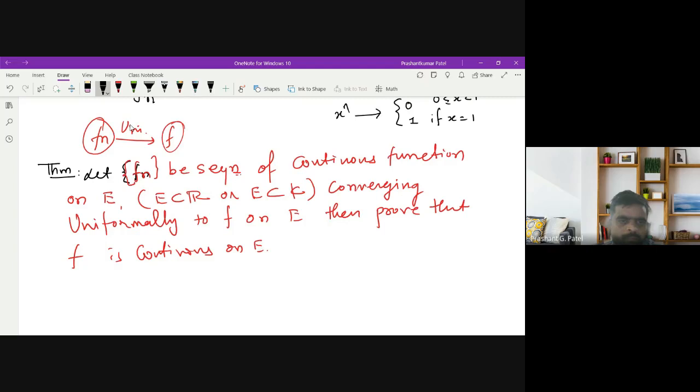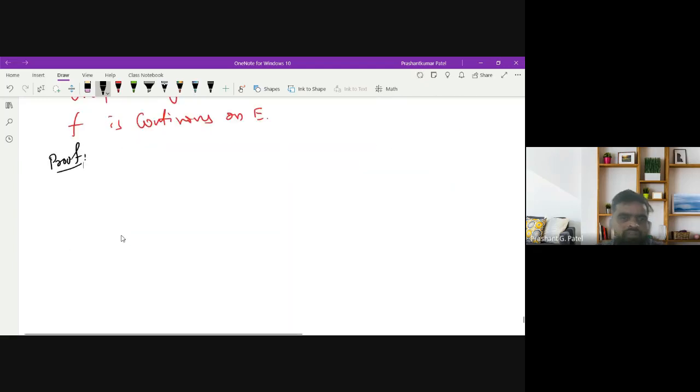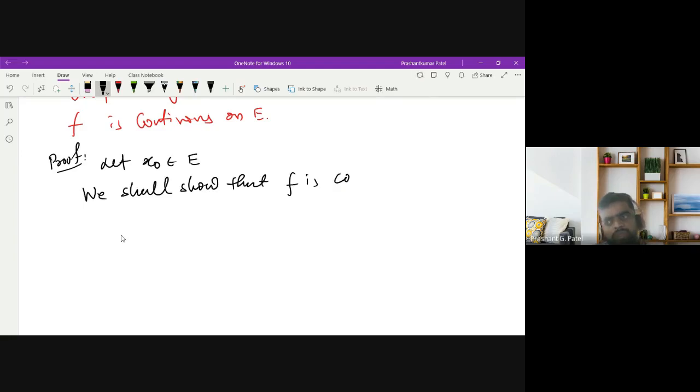So let us discuss the proof of this statement. To discuss the proof, let x0 be any point in this set E. We shall show that f is continuous at the point x0.